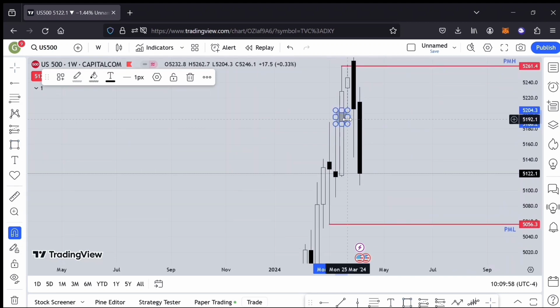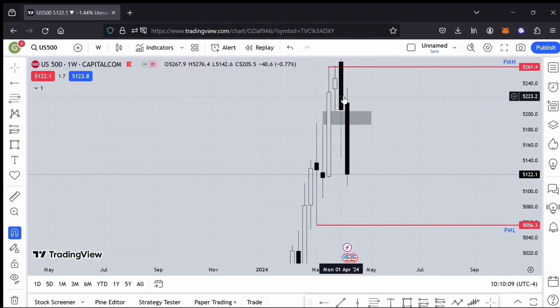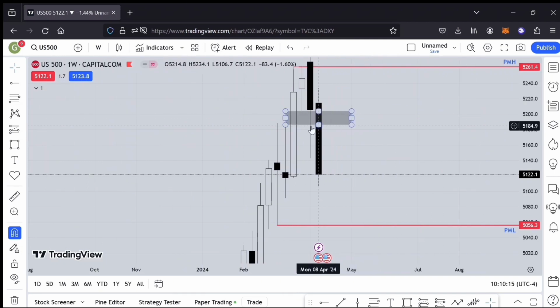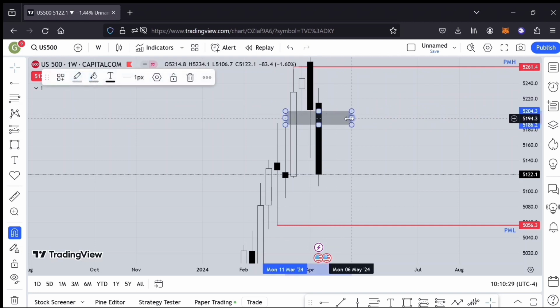When you have a week like this without the body closing inside of the fair value gap in a higher time frame, you expect the next candle to trade below it and come back up to use this as an inversion fair value gap, take price lower to this other block, and possibly lower.